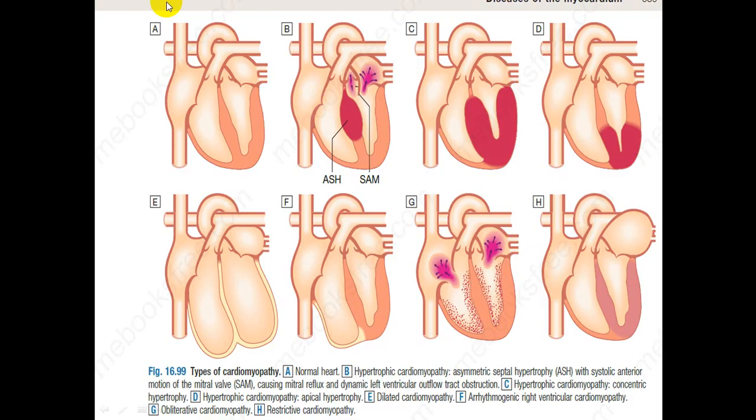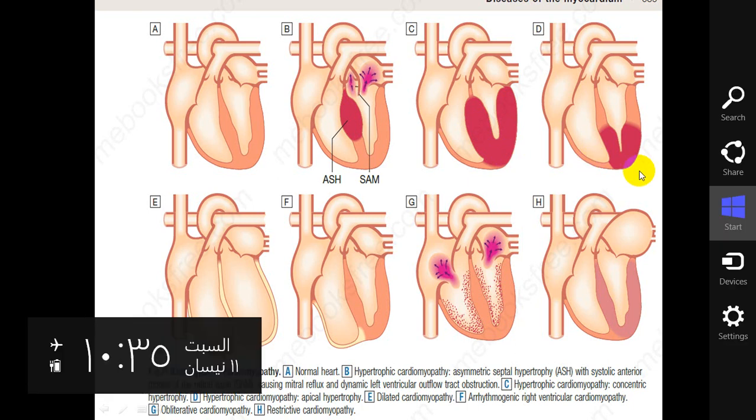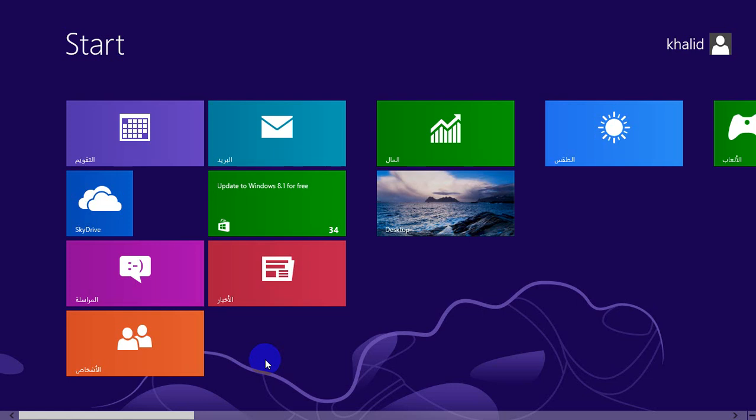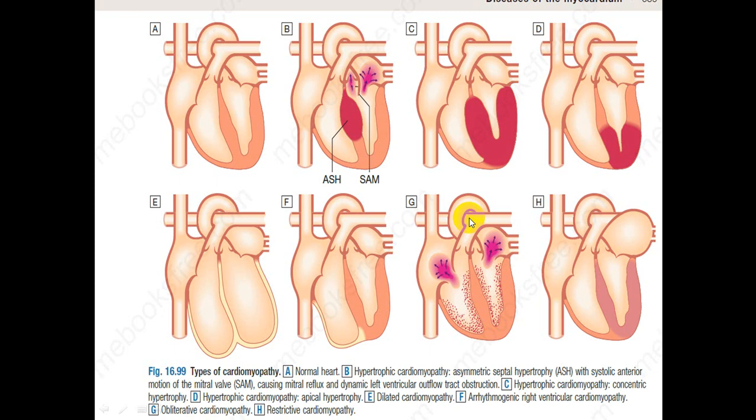Look at the normal heart and how the disproportionate hypertrophy appears: the septal, this is the concentric, and this is the apical. Septal hypertrophy is the most common, while the other types are rare.